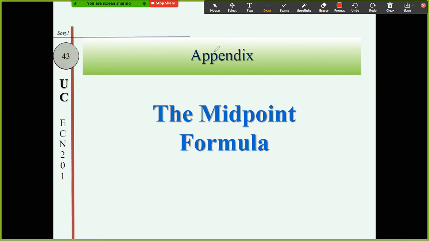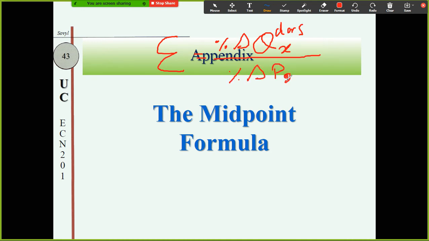In order to find elasticity, we need to use this one: the percentage change in quantity demanded or quantity supplied, depending on which you study, divided by the percentage change in price of X or price of Y or income.